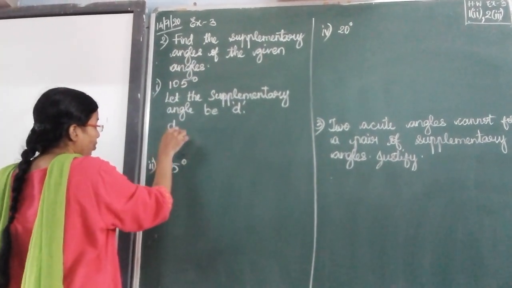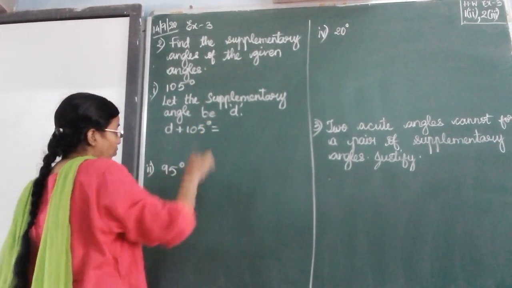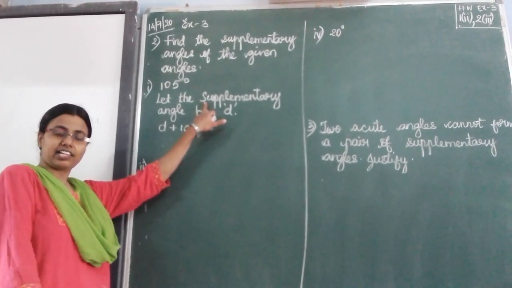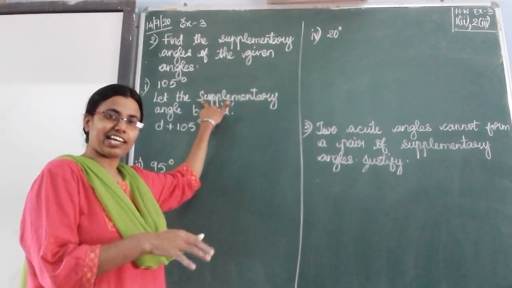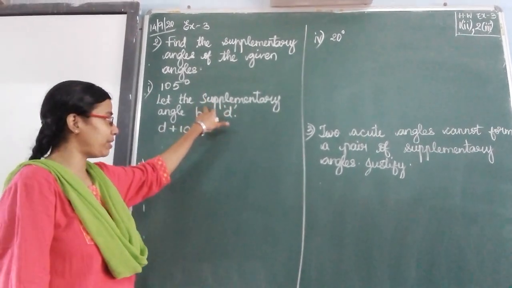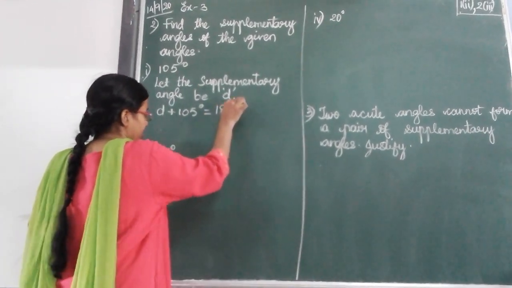Now D plus 105 degrees is equal to 180 degrees. Supplementary, easy way to remember is sleeping line. Sleeping line is always 180 degrees, so supplementary is 180 degrees. So D plus 105 is 180 degrees.